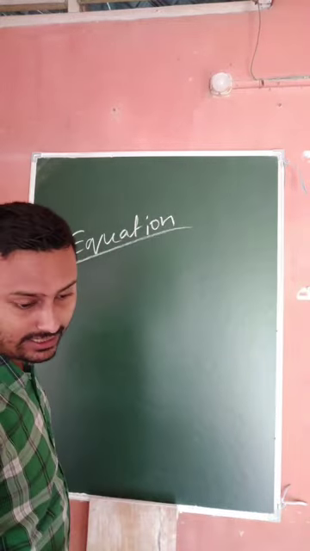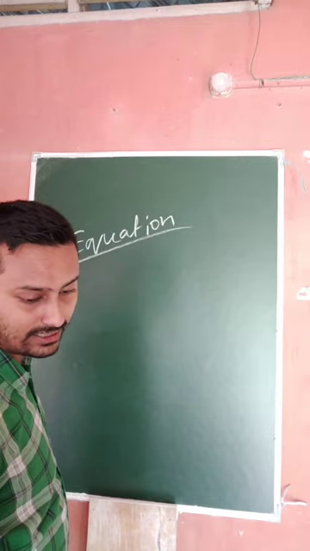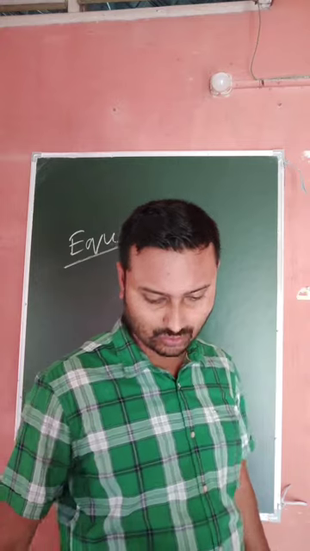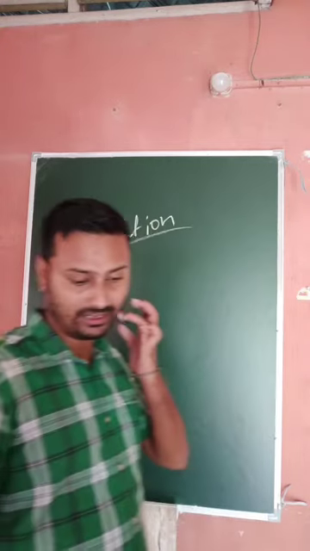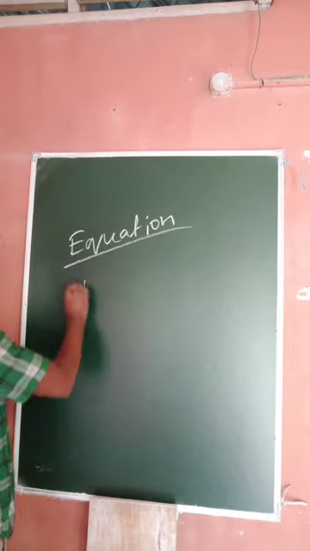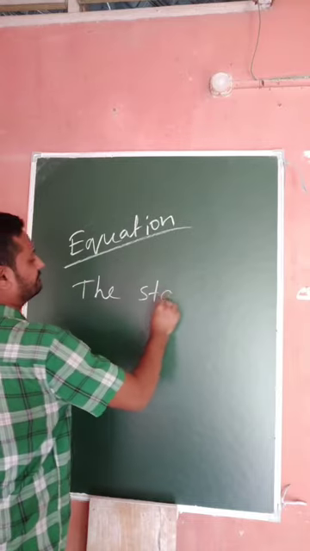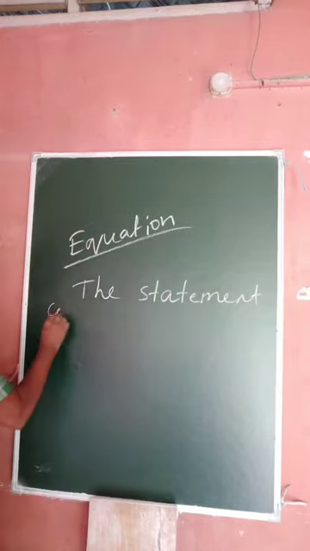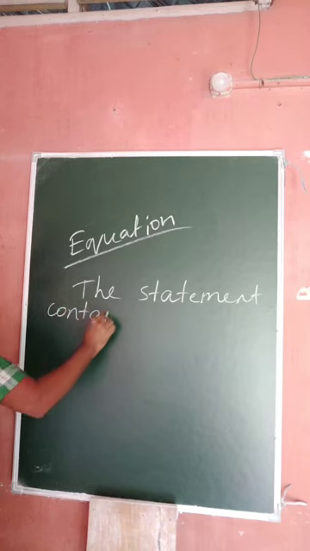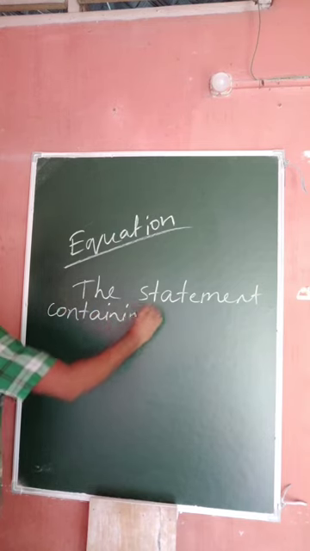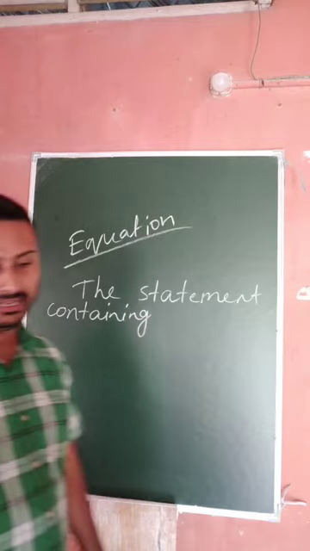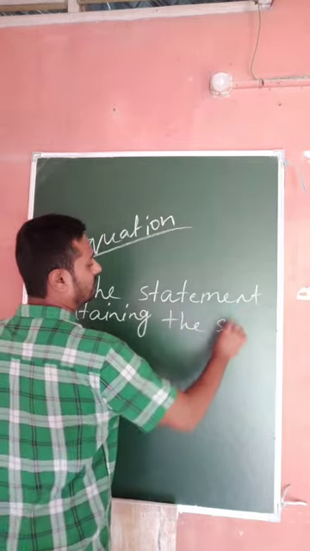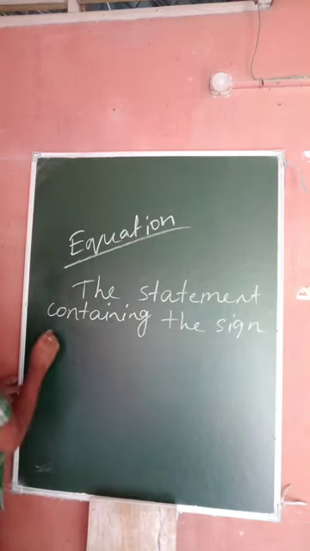An equation contains certain numbers known as variables or unknowns. So you can write this: the statement containing the sign of equality.